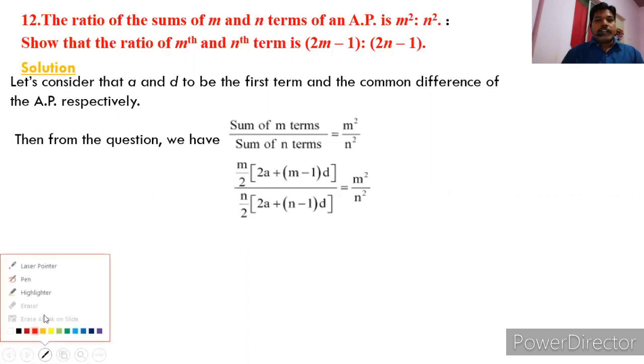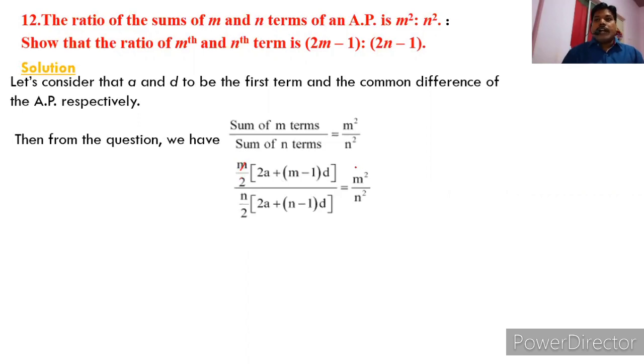So you can observe that one here. You can cancel this m and the square, and this n and this square, and also this 2 and this 2 are cancelled. So what you will get, the remaining value will become 2a plus m minus 1 into d by 2a plus n minus 1 into d, which will become m by n.